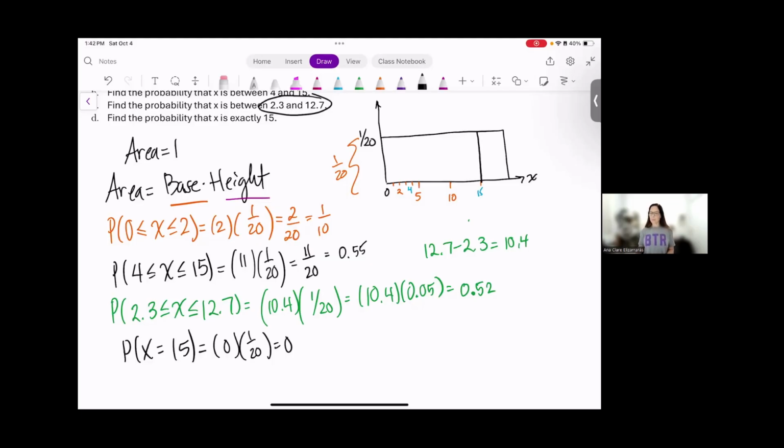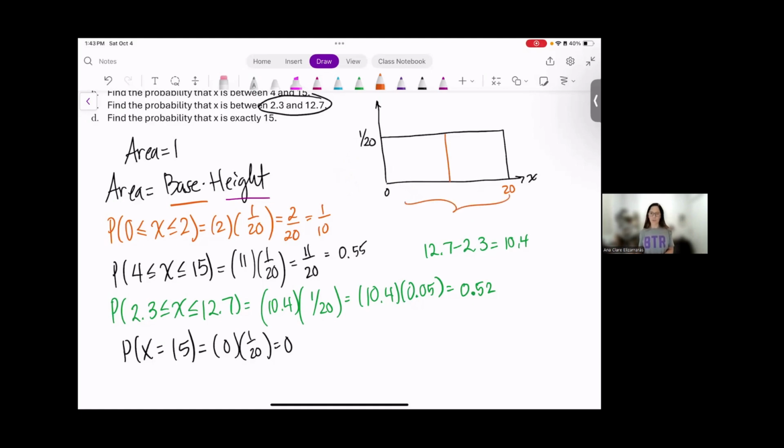Now, you can calculate the average and the standard deviation. I'm going to talk about the average, but if I wanted to find the average, what would I expect? If everything is equally likely between 0 and 20, I would expect to be right in the middle. Well, how do I find right in the middle?